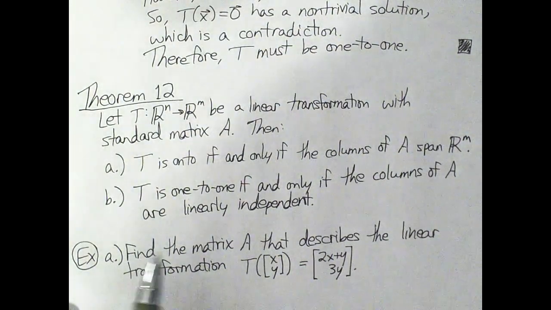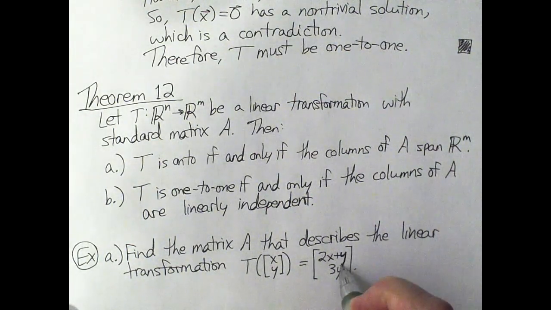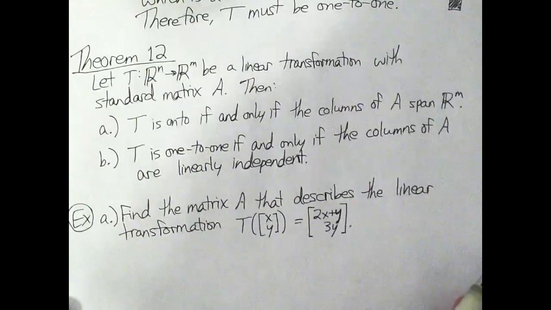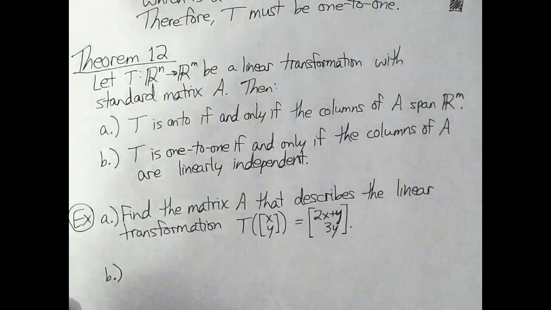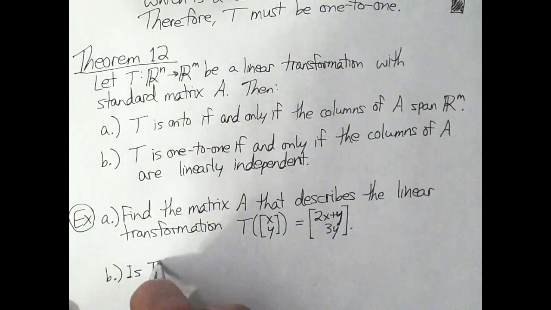So find the matrix A that describes the linear transformation T of (x, y) equals (2x plus y, 3y). Sometimes my y's look like 4s, so I just try to make it clear that these are y's. This first part kind of packs in a lot because it tells you that it is a linear transformation, so you don't have to question whether or not it's linear.